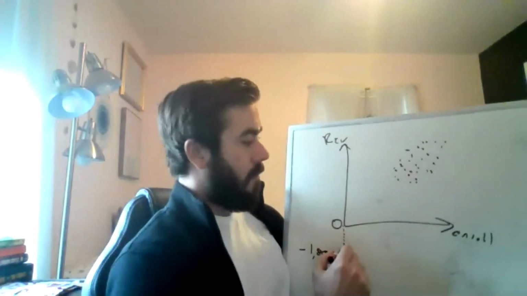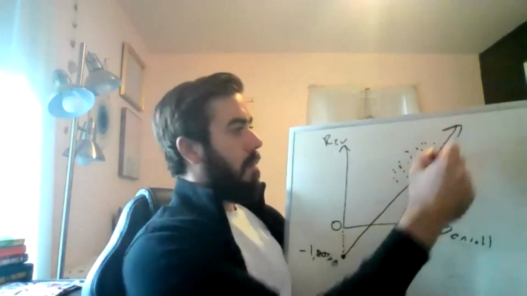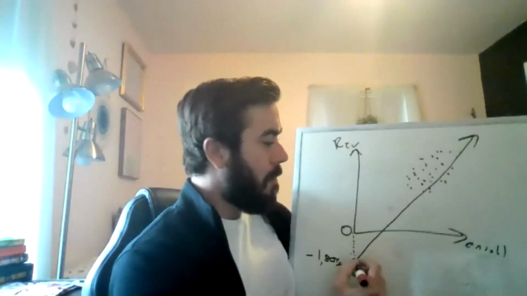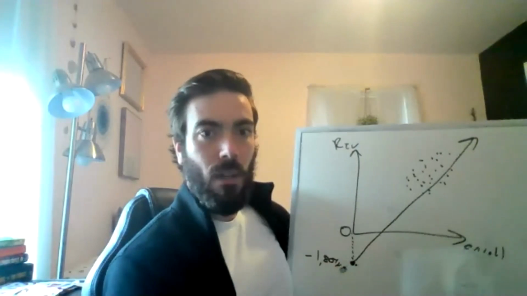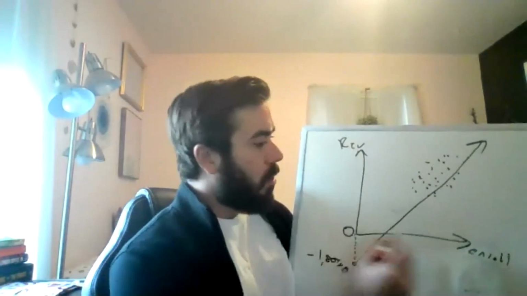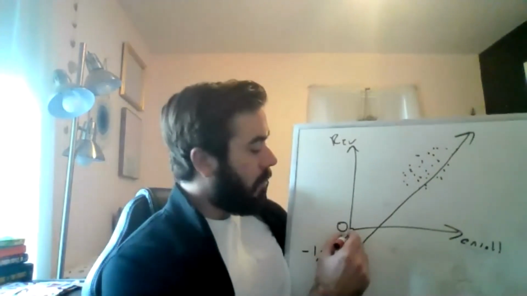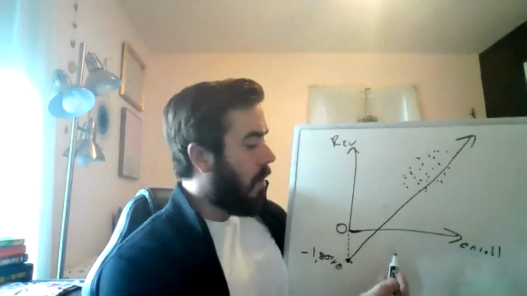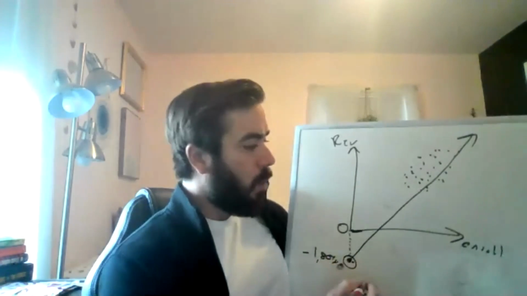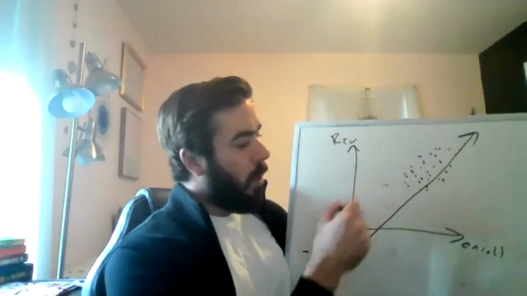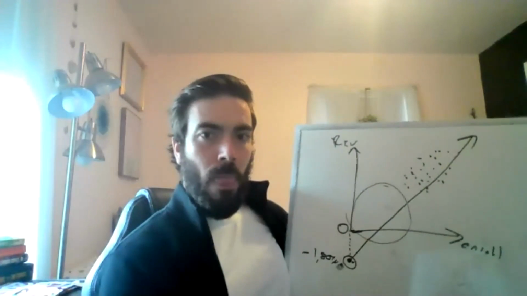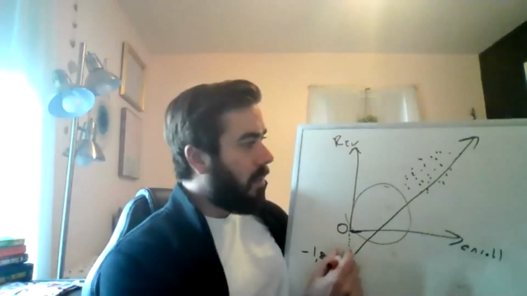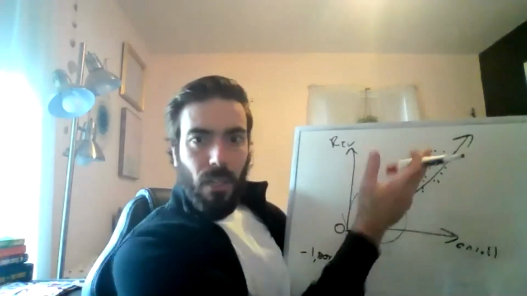If I'm trying to get a line of best fit, it might have to start down here at a negative value. Now, do I actually observe universities that have 1, 2, 3, even 100 people enrolled that have a football program? No. And so the interpretation will be weird because we don't actually observe this in the data. But we still need that intercept in order to get our line to best fit that data.